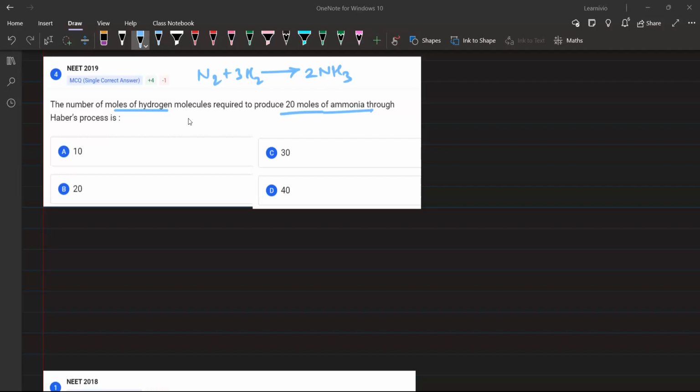Now, see, you can do the calculations and everything, or if you read this reaction statement like this, like 1 mole of nitrogen will react with 3 moles of hydrogen to give 2 moles of NH3.